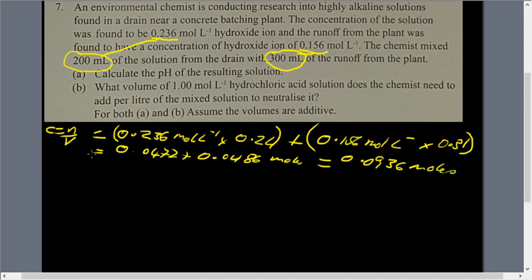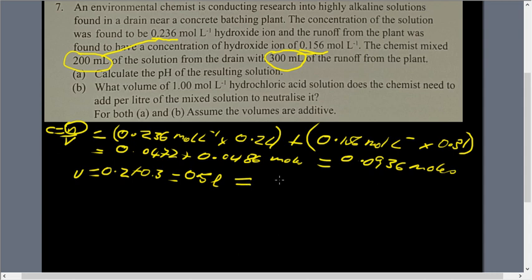Now, you can't stop there, because that's how many moles we have, and that tells us this n value that we're after. What about the V? V is very simply additive. It's 0.2 plus 0.3 equals 0.5 litres. So we've got that many moles in half a litre. We just double it to get the number in a whole litre.